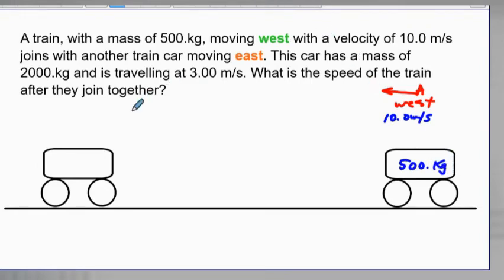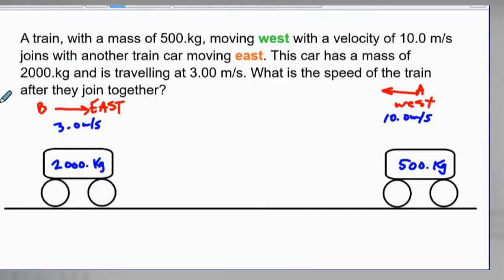I have another car, car B, moving east, and it's not going very fast, at 3 meters per second, but it's quite a bit heavier at 2,000 kilograms.